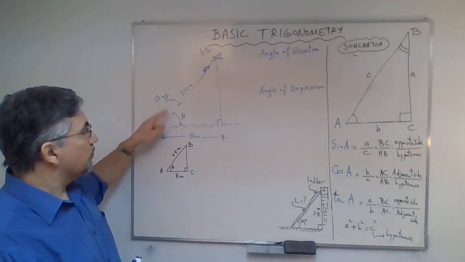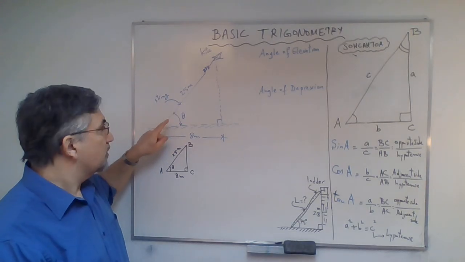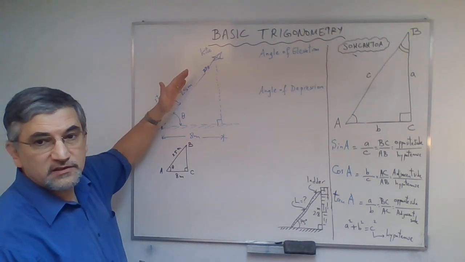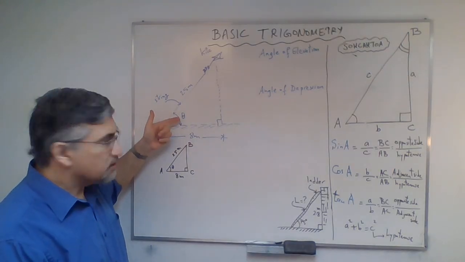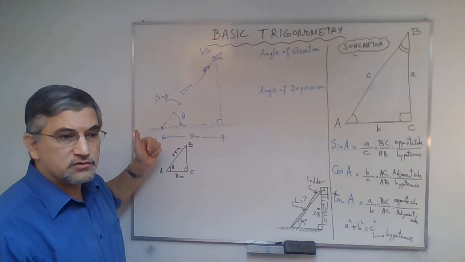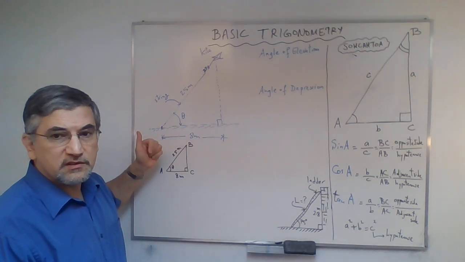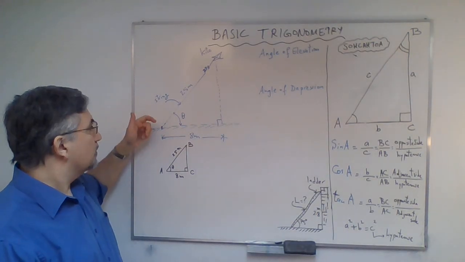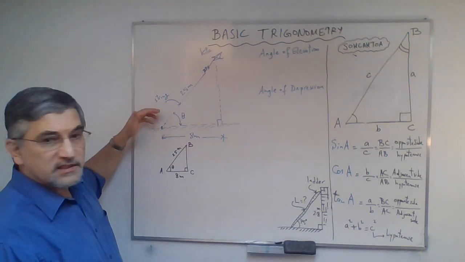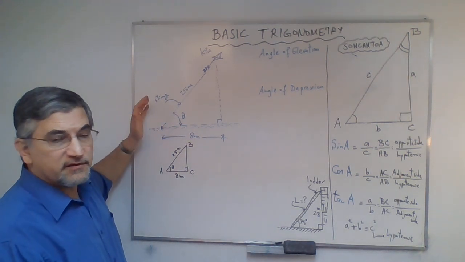So we want to know the measure of angle theta, which is the angle of elevation of the kite in the air. This letter theta is one of the letters from the Greek alphabet, and it's used to represent angles in trigonometry. As I said, it's called the angle of elevation.